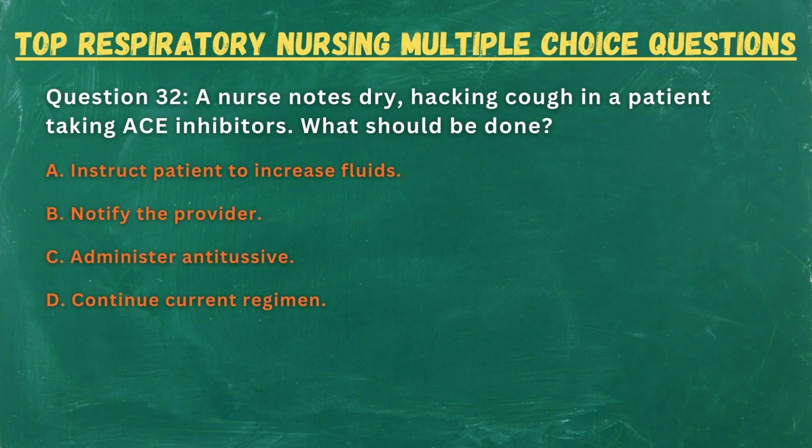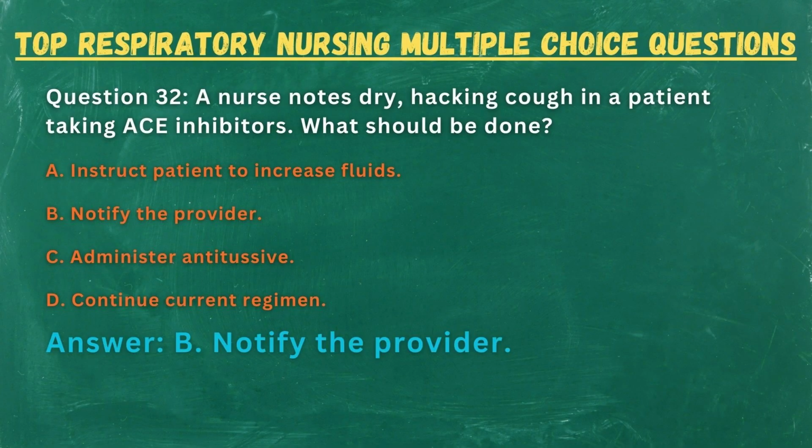Question 32. A nurse notes dry, hacking cough in a patient taking ACE inhibitors. What should be done? A. Instruct patient to increase fluids. B. Notify the provider. C. Administer antitussive. D. Continue current regimen. Answer: B. Notify the provider.